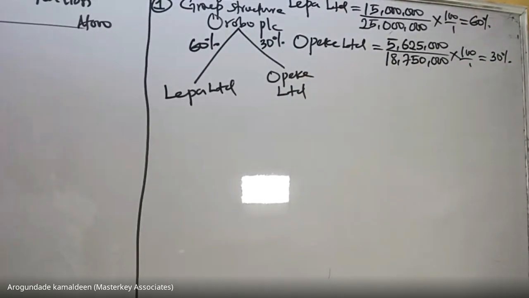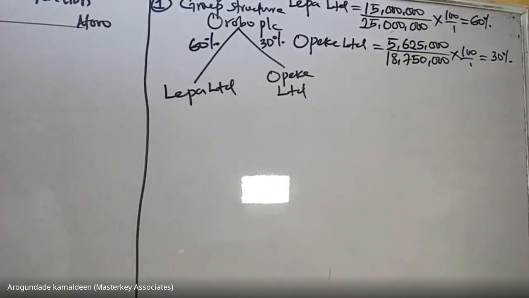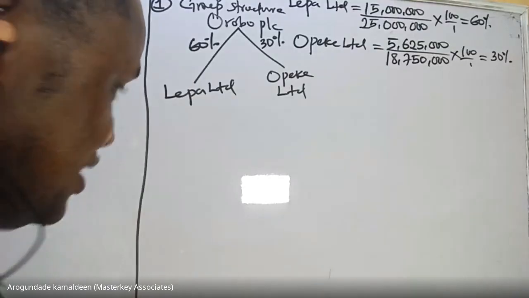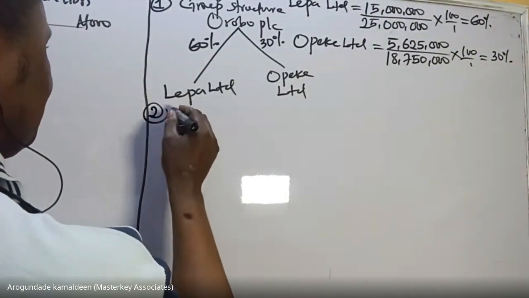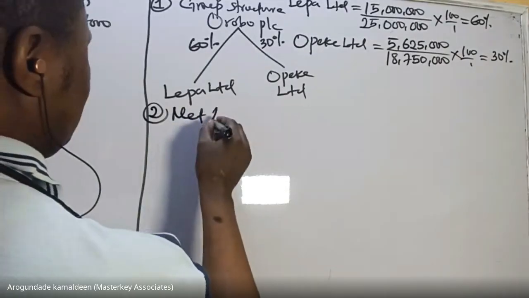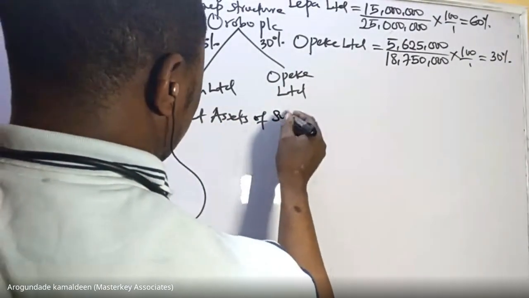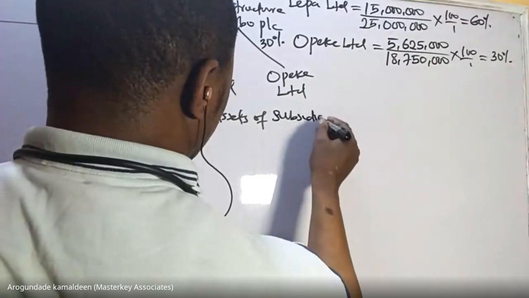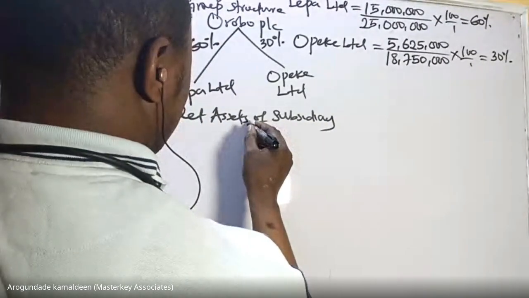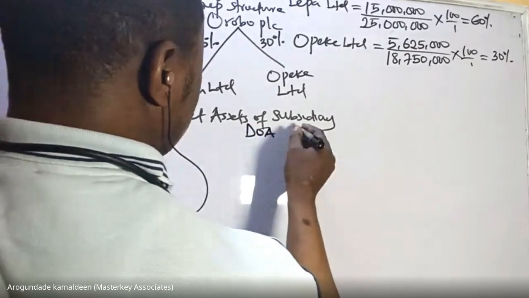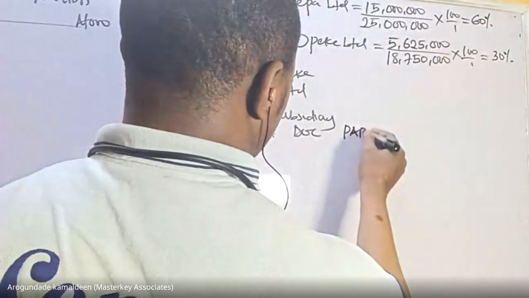So, class, after this, what is the next step? The net asset of the subsidiary. You know all that. You have your DOA, DOC, post-acquisition reserves.